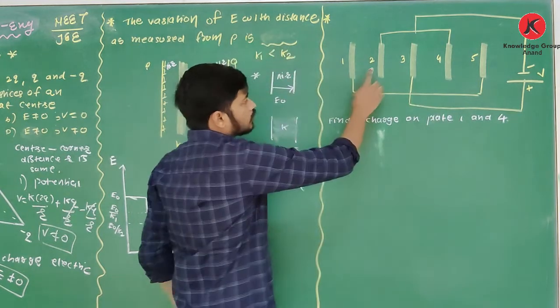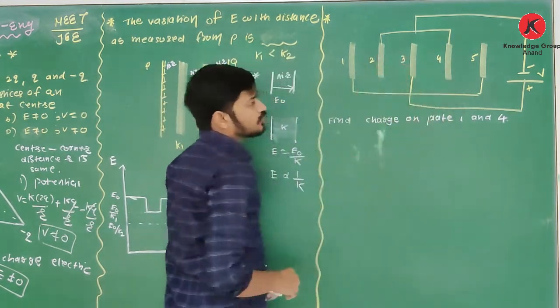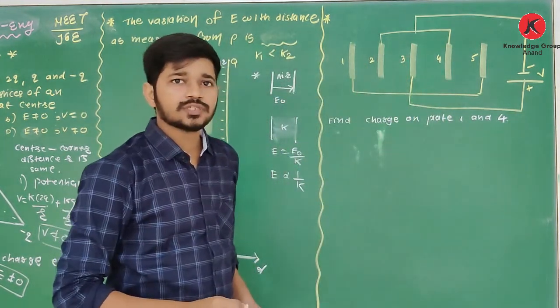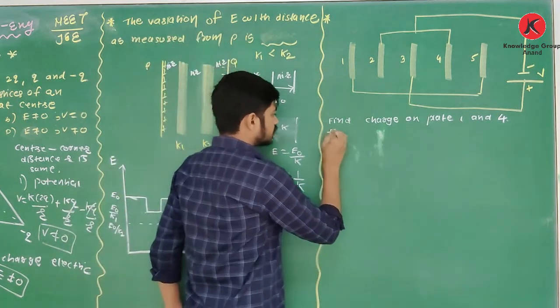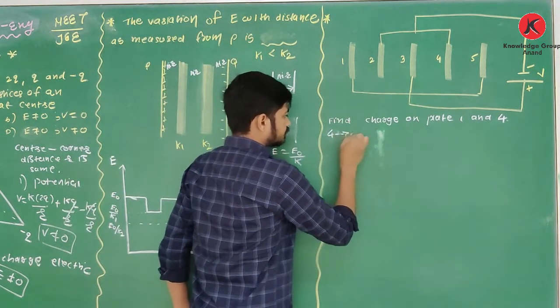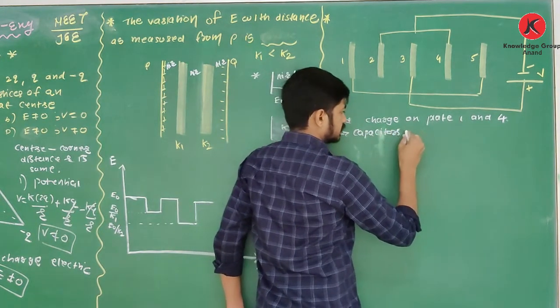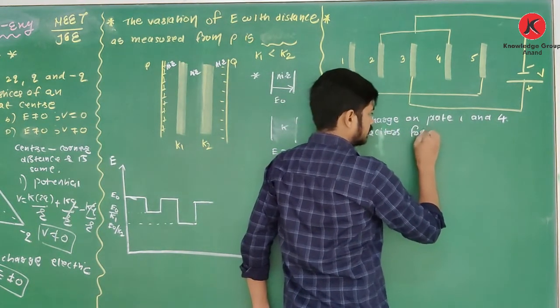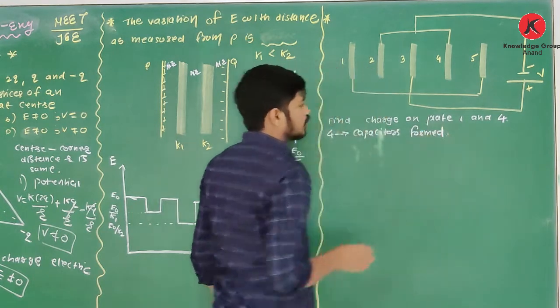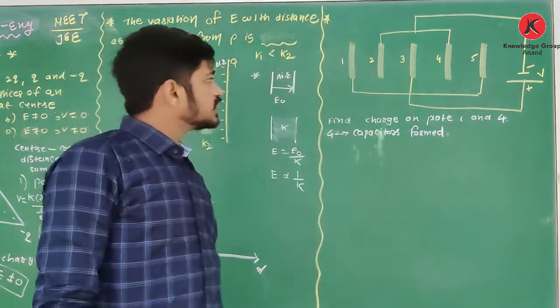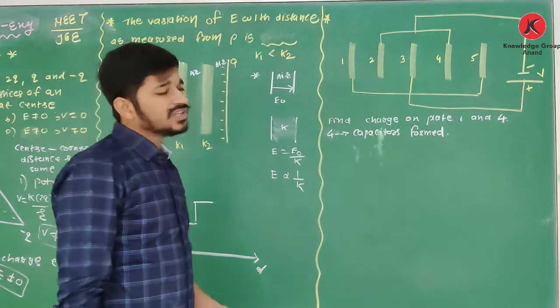So in total, 4 capacitors will be formed. Now, in which connection are these 4 capacitors?